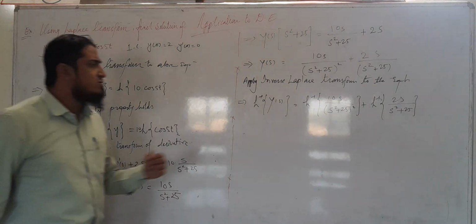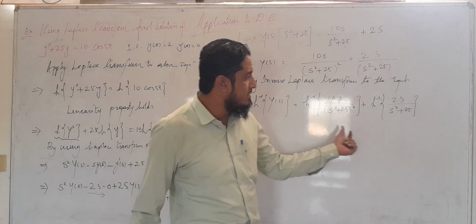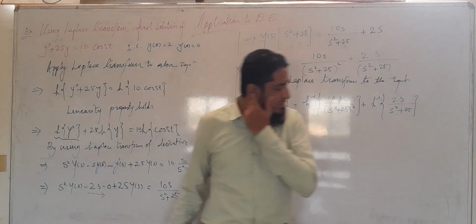Now here we have s square plus 25 bracket square in the denominator. It is somewhat easy to understand.